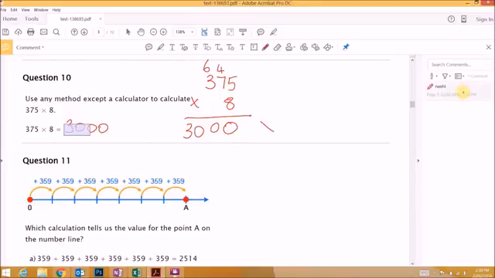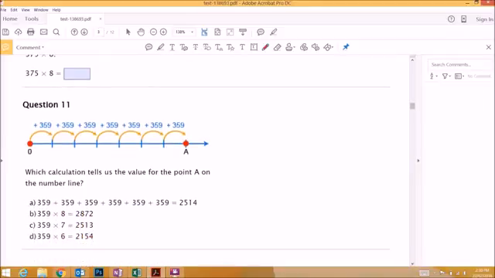Let's have a look at the next one. Let's get rid of that. Okay, which calculation tells us the value for the point A on the number line? So we've added 359, 1, 2, 3, 4, 5, 6, 7 times.